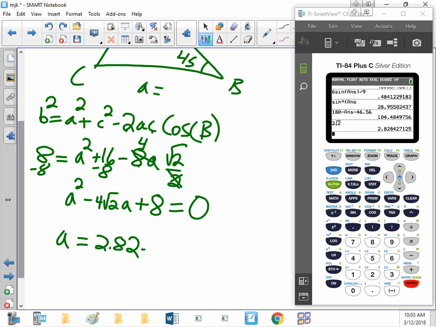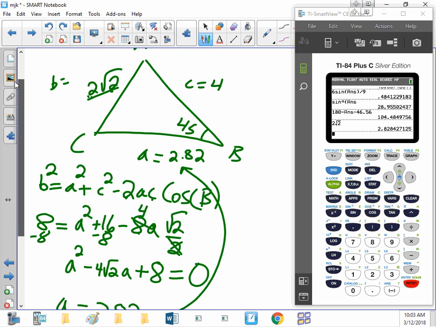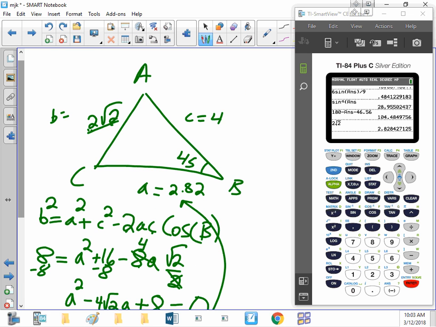So that number goes right here, 2.82. A and B are the same side. Yeah. That was a really cruel problem. And then you could plug it into that.